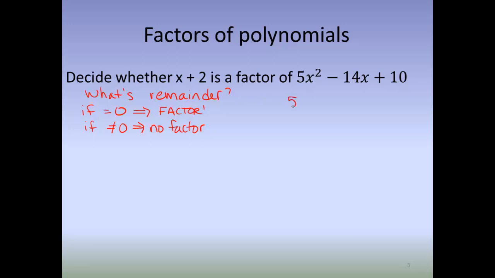So my coefficients are 5, negative 14, and 10. I'm going to be dividing by negative 2. Synthetic division, bring down the 5. Negative 2 times 5 is negative 10. Add going down. Multiply, that's 48. Add, 58.